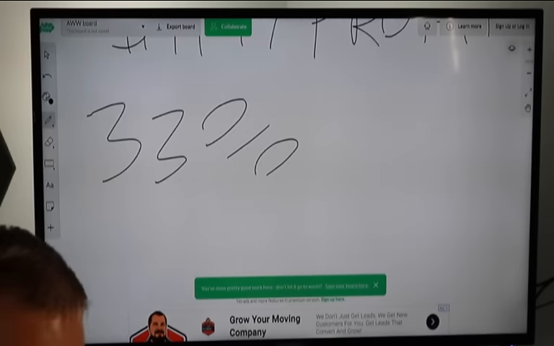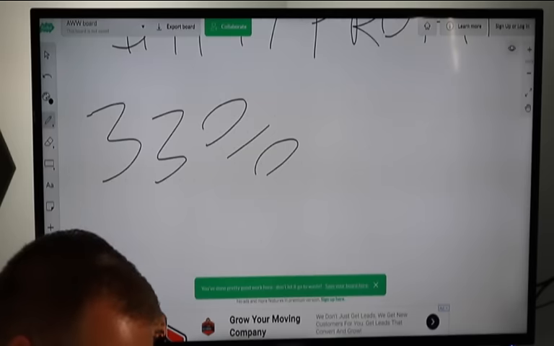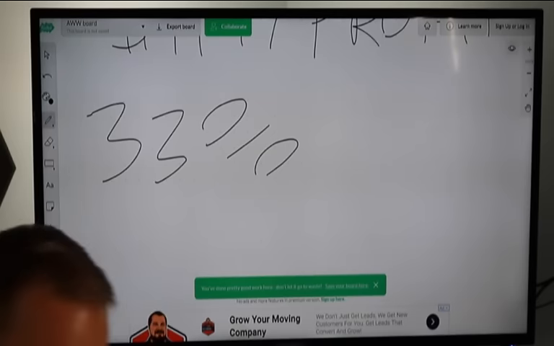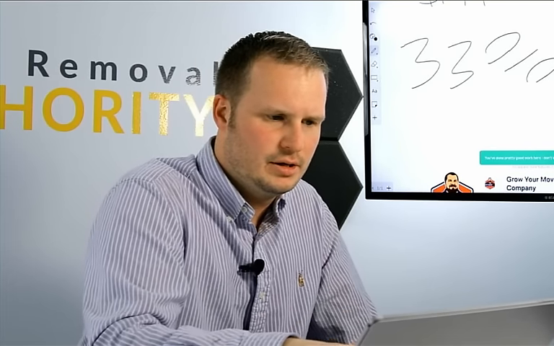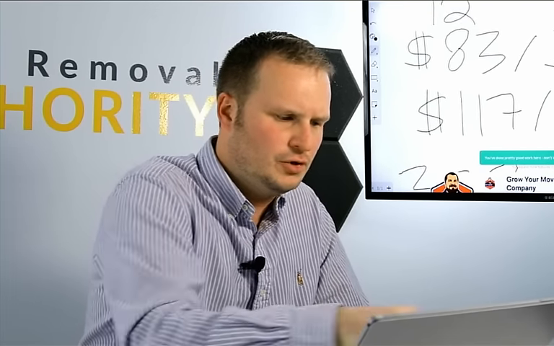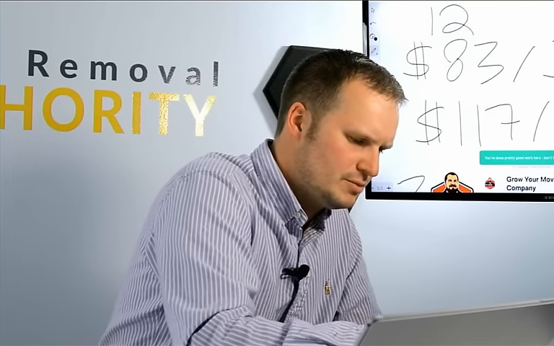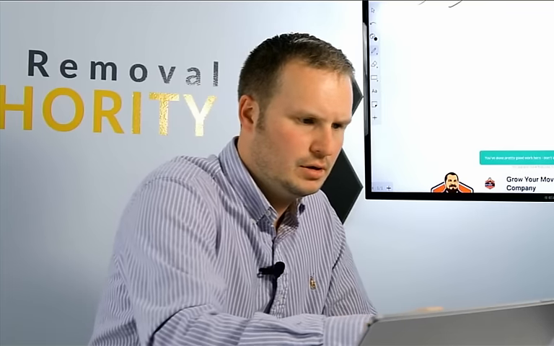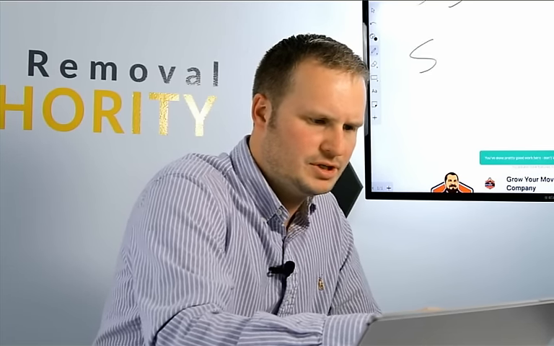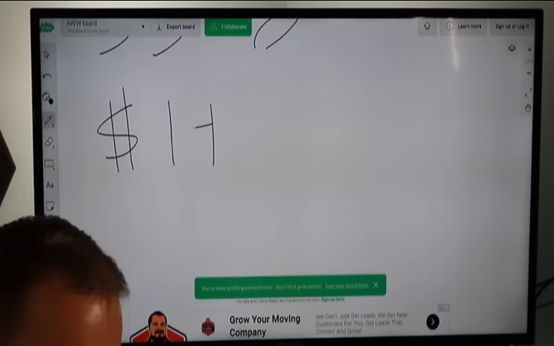So that means you've got 67% more times you could show. So theoretically, if you did 12 jobs, 117 times 12, that's a profit of $1,404 for 12 jobs.